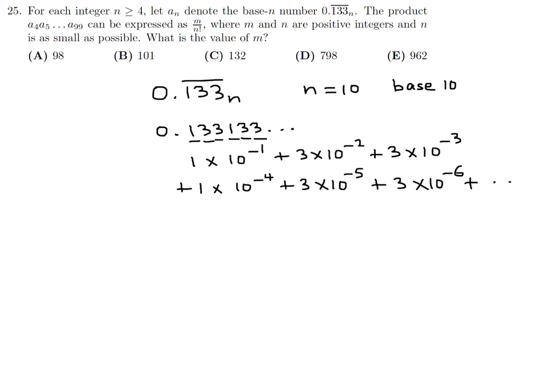They're saying that a_n is this number in base n, where n could be 4, 5, all the way up to 99.